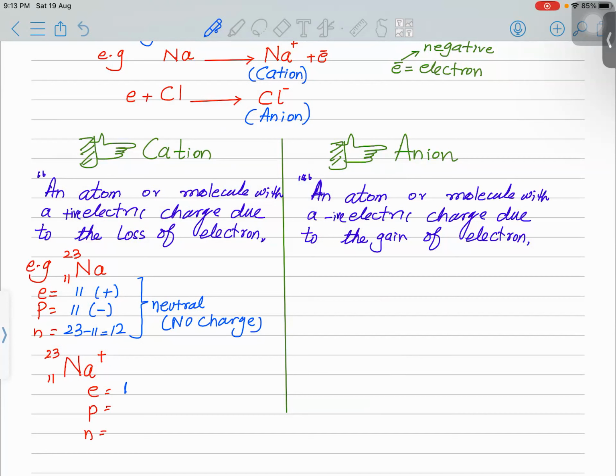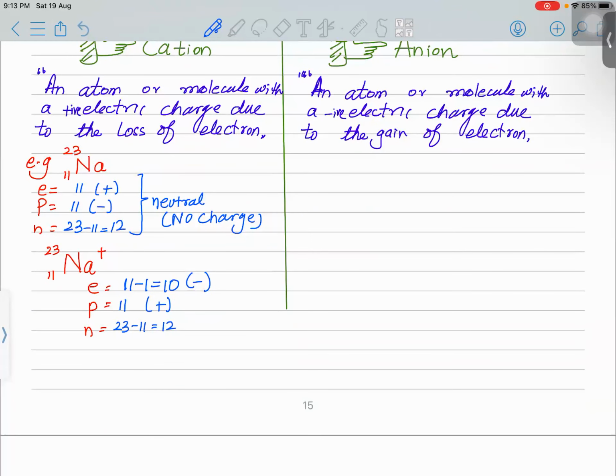Electrons are 11 minus 1 is equal to 10, correct? Proton, 11. And neutron, 23 minus 11, 12. Electron is negative, proton is positive. So which one is greater?